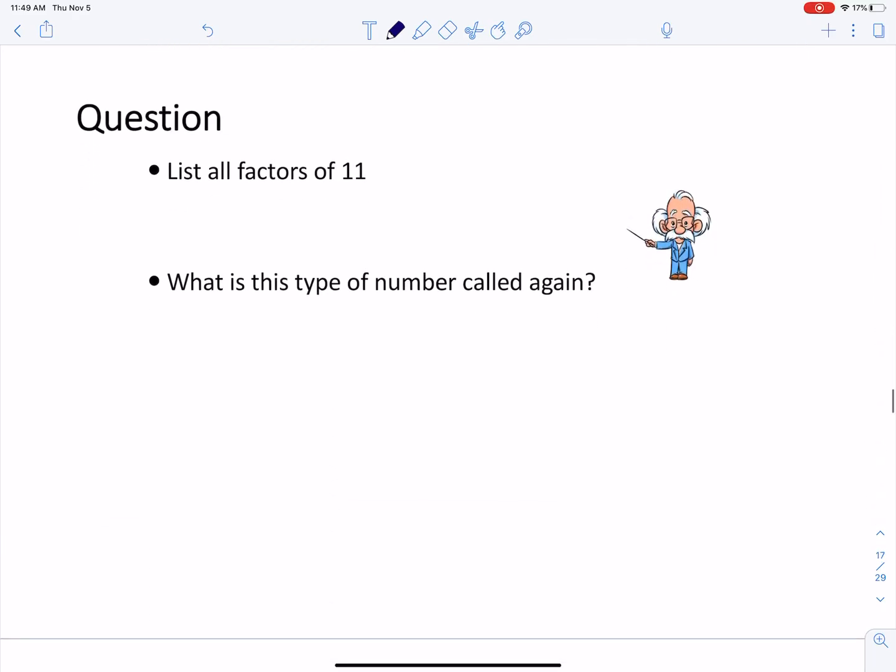All right, one question here is that you're going to list all the factors of 11. And 11 only has one factor pair. It's 11 times 1. And what do we call this? We call that prime, right? When a number is only divisible by itself and 1.